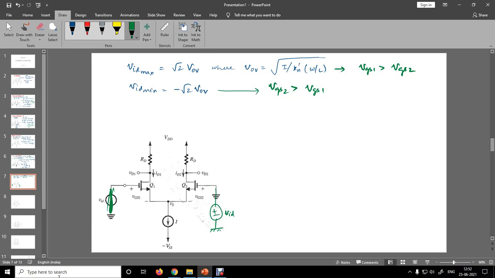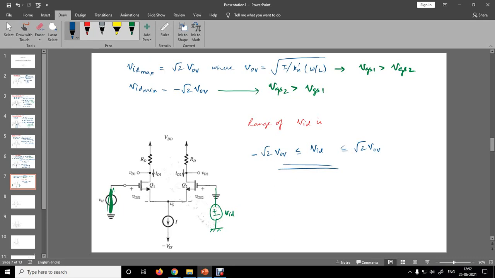All right. So the range of VID is like this: minus square root 2 into VOV less than or equal to VID less than or equal to square root 2 into VOV.